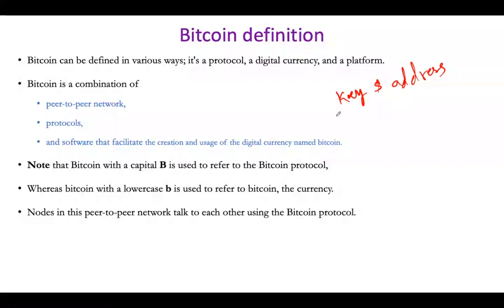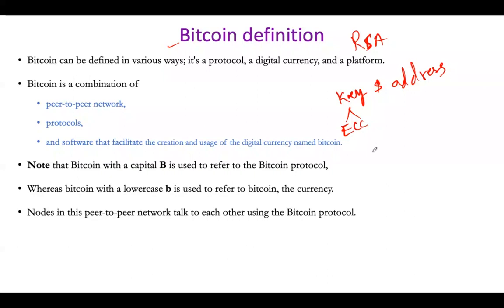For key generation in blockchain, as we said, we use the RSA algorithm to generate the private key and public key. But for Bitcoin, elliptic curve cryptography is used to generate public and private key pairs in Bitcoin networks.